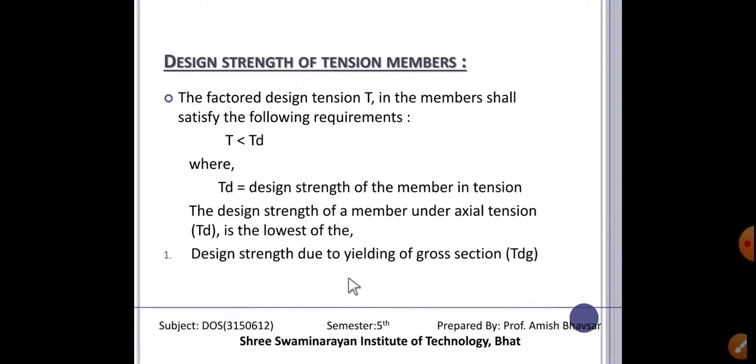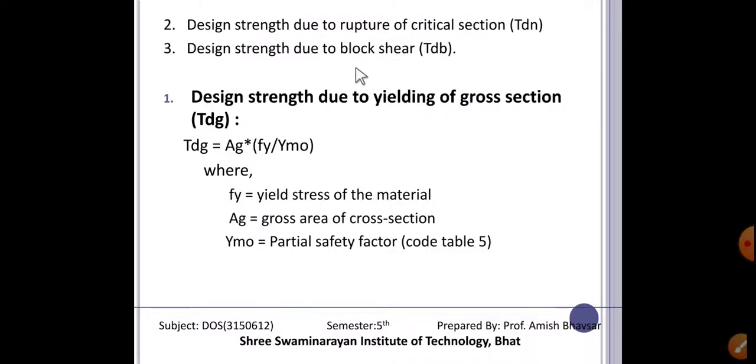The first, design strength due to yielding of cross section, that is TDG. This TD must be smaller than a number of design strengths. One of them is TDG, the gross cross-sectional design strength. Number 2, the design strength due to rupture, TDN, and the third one is design strength due to block shear, TDB.